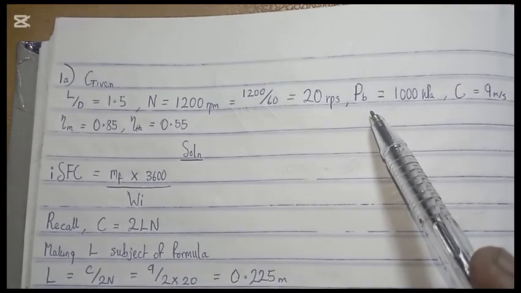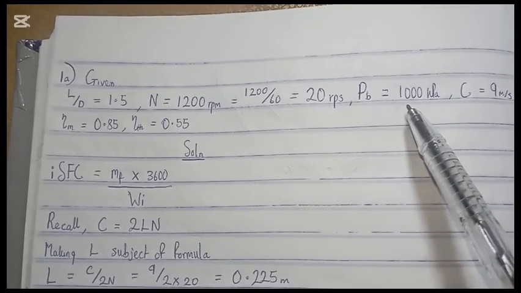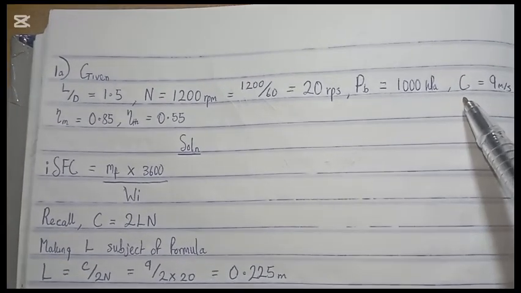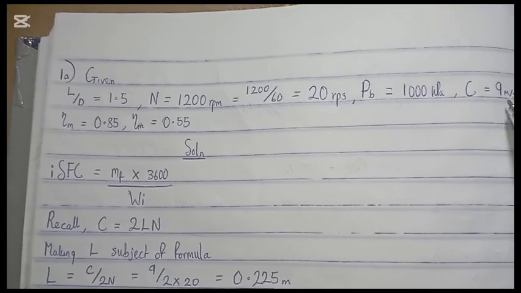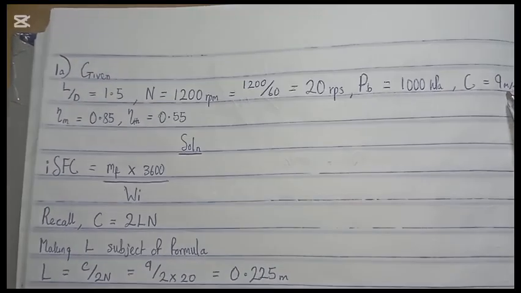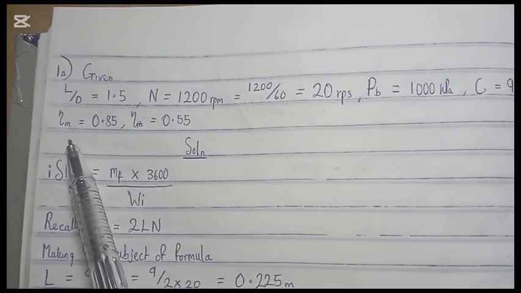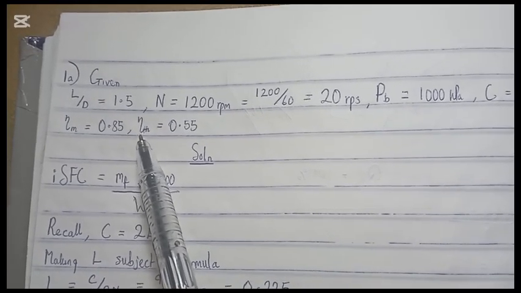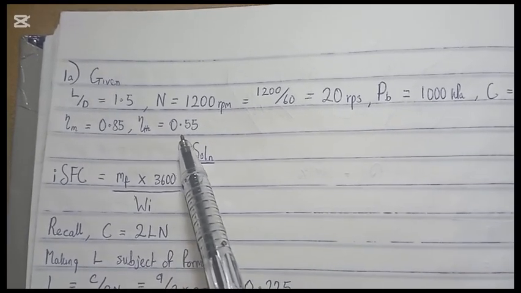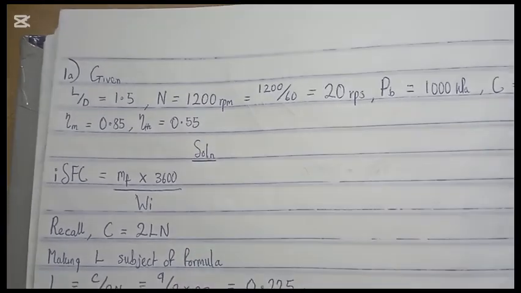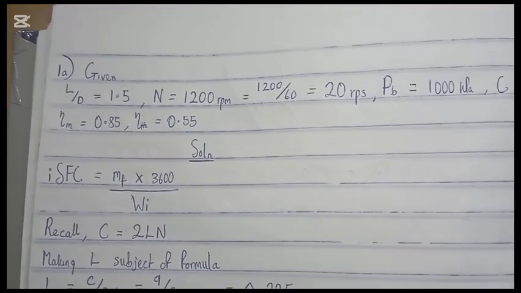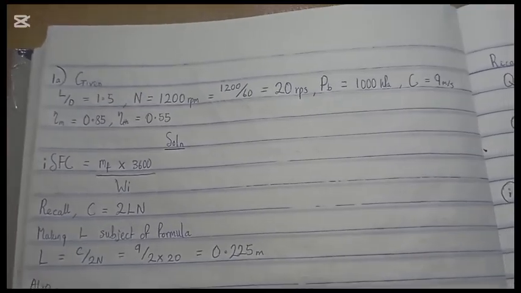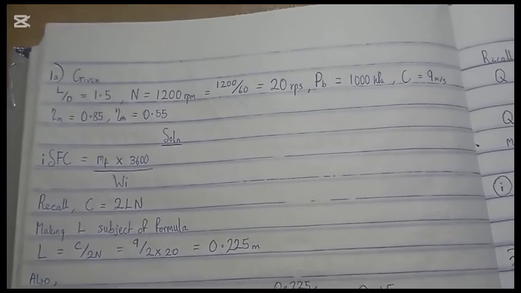Our brake mean effective pressure was given as 1000 kilopascals. Our piston speed was given as 9 meters per second. Our mechanical efficiency was given as 0.85 and our thermal efficiency as 0.55. Now we were asked to look for our indicated specific fuel consumption.